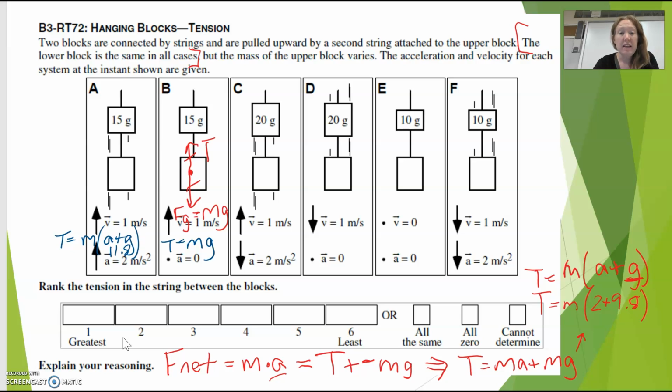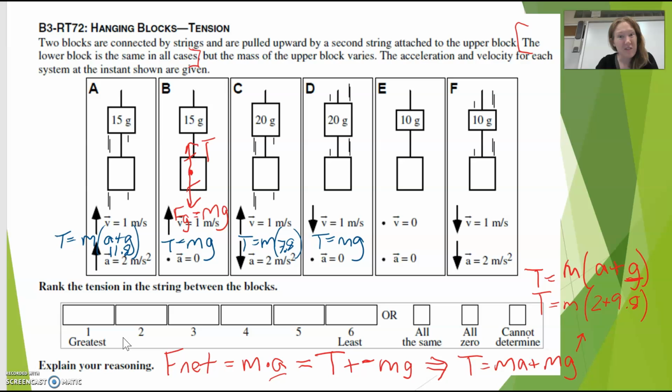For C, a is downward, so we would make that negative. So this would be T equals m times negative 2 plus 9.8, which is 7.8. Then here for D, we've just got mg again, because we're going at constant velocity.